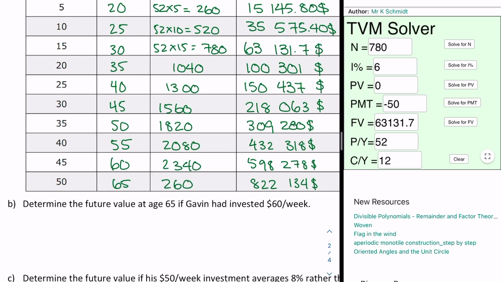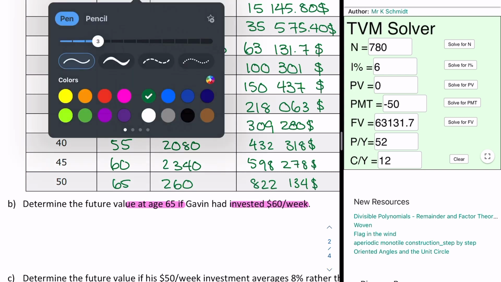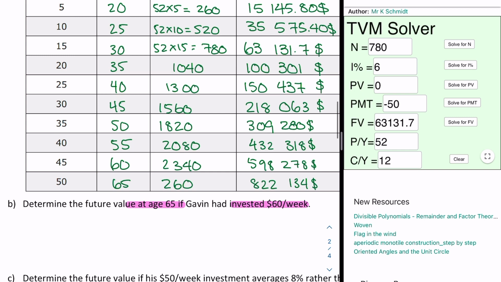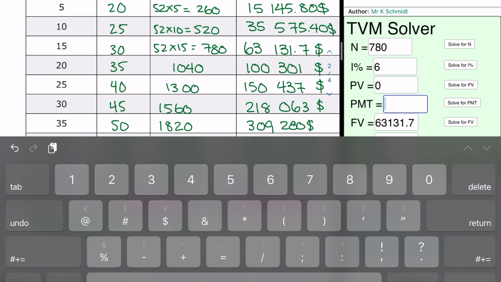Now, here, if he is 65 and he had been investing $60 a week, how much would he make at that point? So in this case, you're going to be changing your PMT, your payment, to minus 60. So you're going to have over here, instead of 50, you are at minus 60.